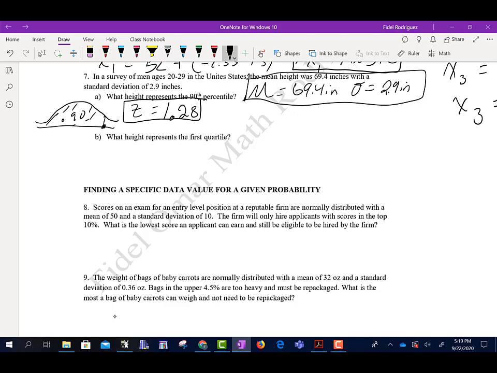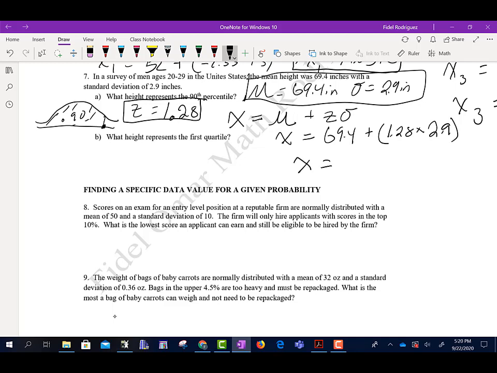So now I'm going to find my x value. My x value is going to be mu, the average, plus my z-value times my standard deviation. So our average was 69.4 plus my z-value, we just found that to be 1.28, times our standard deviation of 2.9.